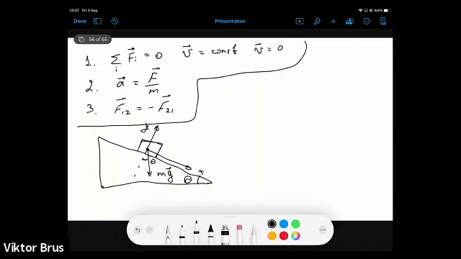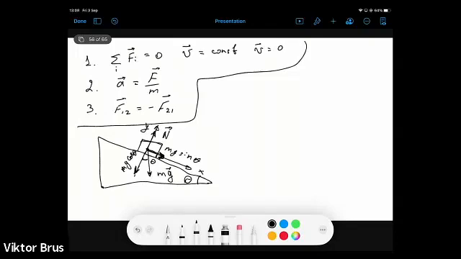If we consider the component of mg along axis y, this will be mg times cosine theta. And there will also be a component along axis x, mg times sine theta. And here obviously will be the reaction of the surface, N.